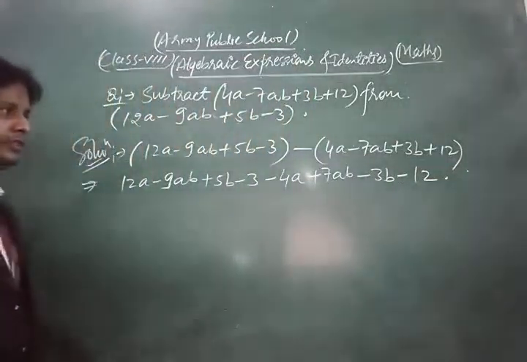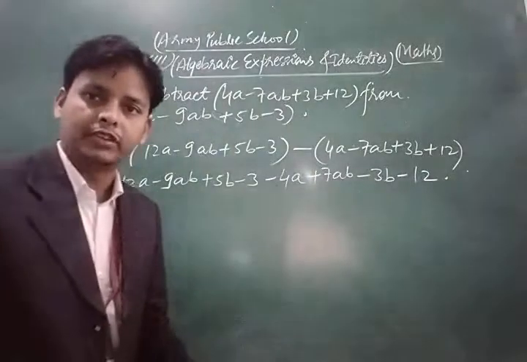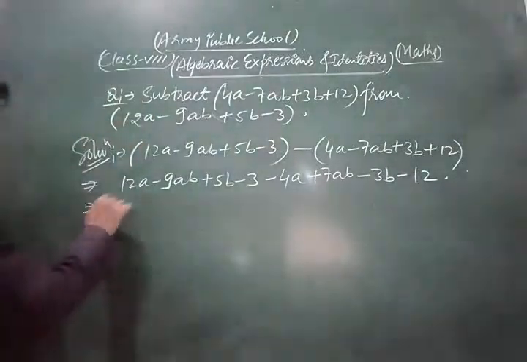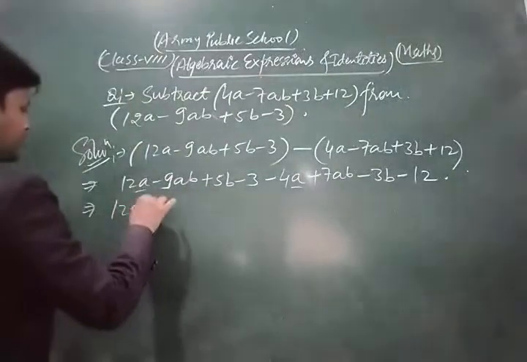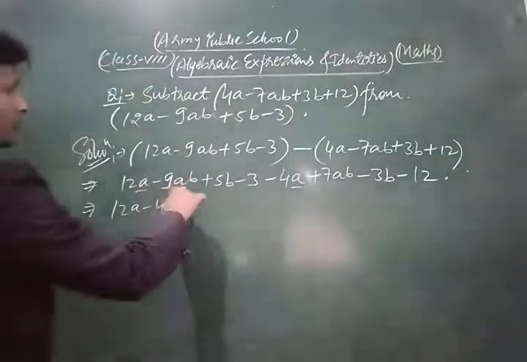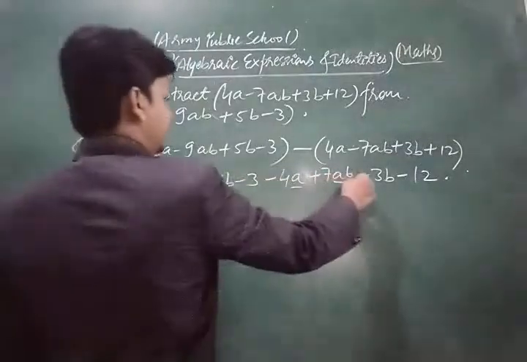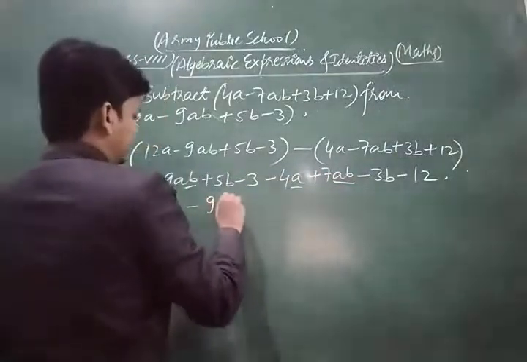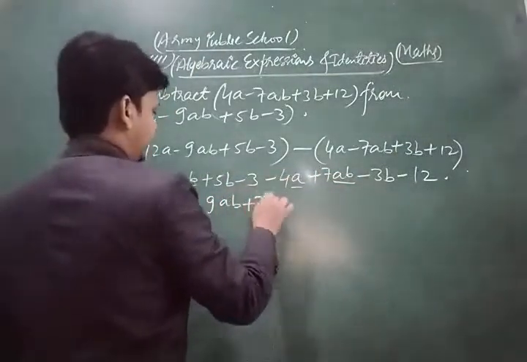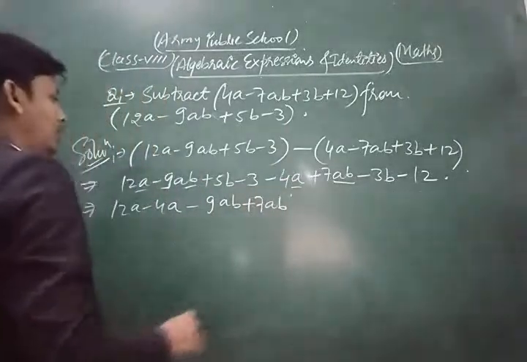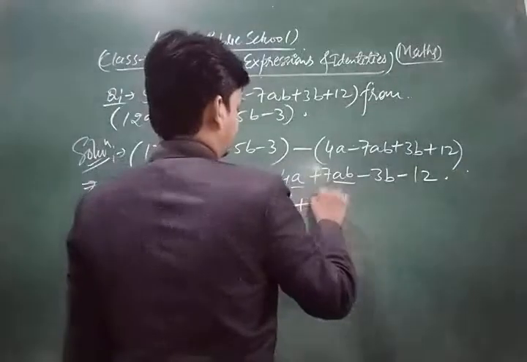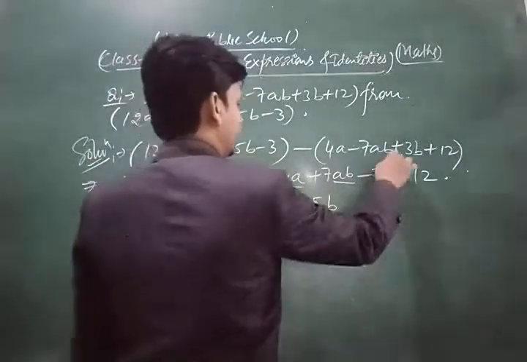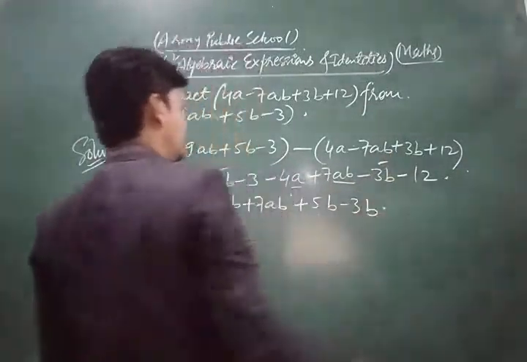Now after that we collect the like terms. Look, a is here, so we take 12a minus 4a together. Now ab: minus 9ab and plus 7ab we take together. Then plus 5b and minus 3b together.